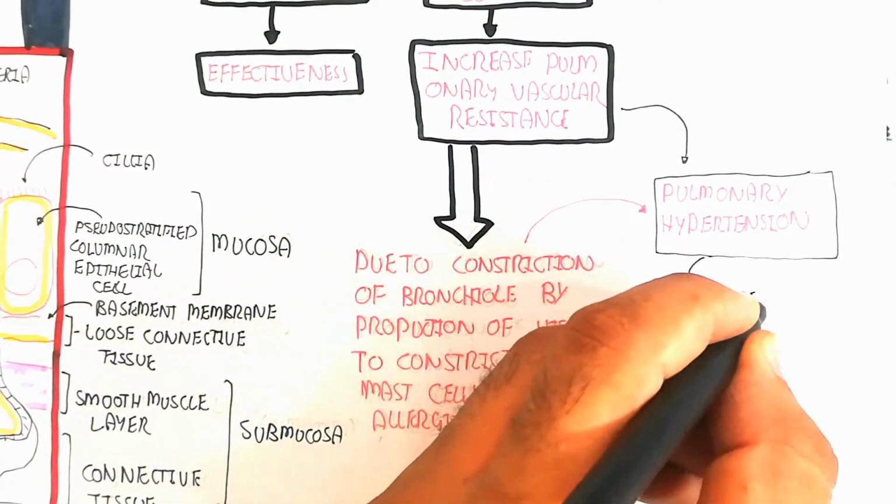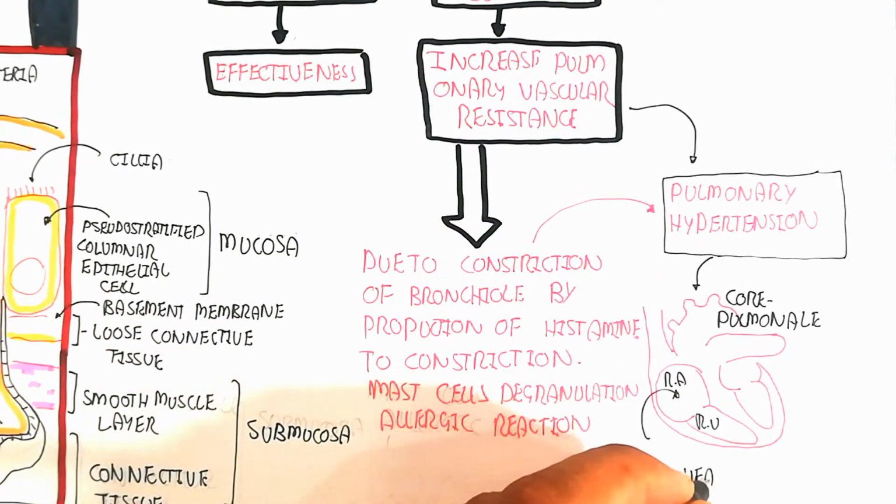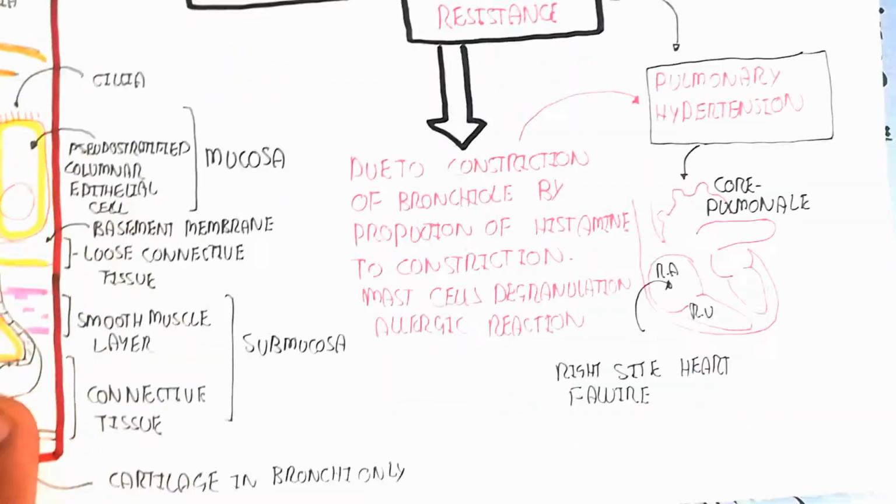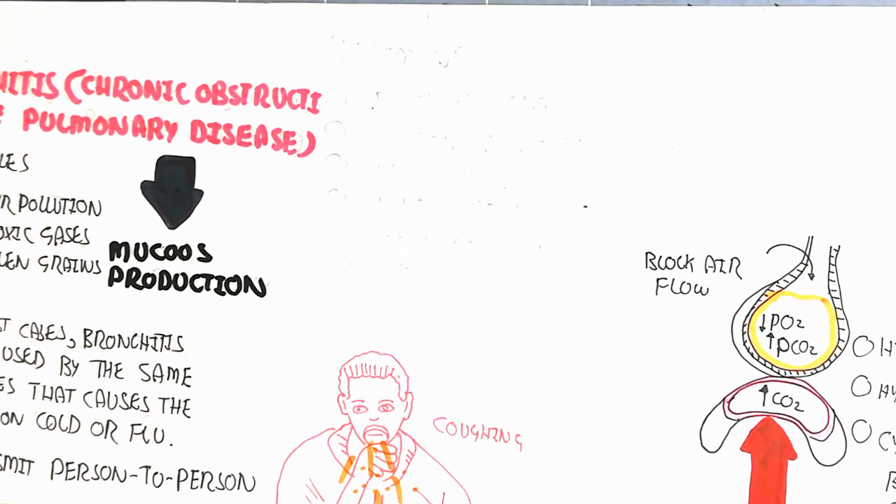Pulmonary hypertension increases when blood pressure rises due to histamine and other allergic reactions, and produces cor pulmonale.